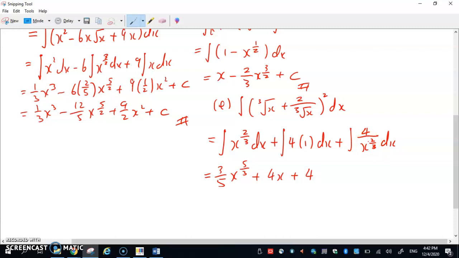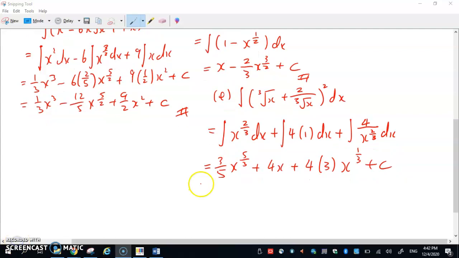If you add 1 you get 1/3, then you have to multiply by 3 here, so x to the power of 1/3 plus c. So now the final answer is basically 3 over 5 x to the power of 5 over 3 plus 4x plus 12 x to the power of 1/3 plus c, and that's your final answer.